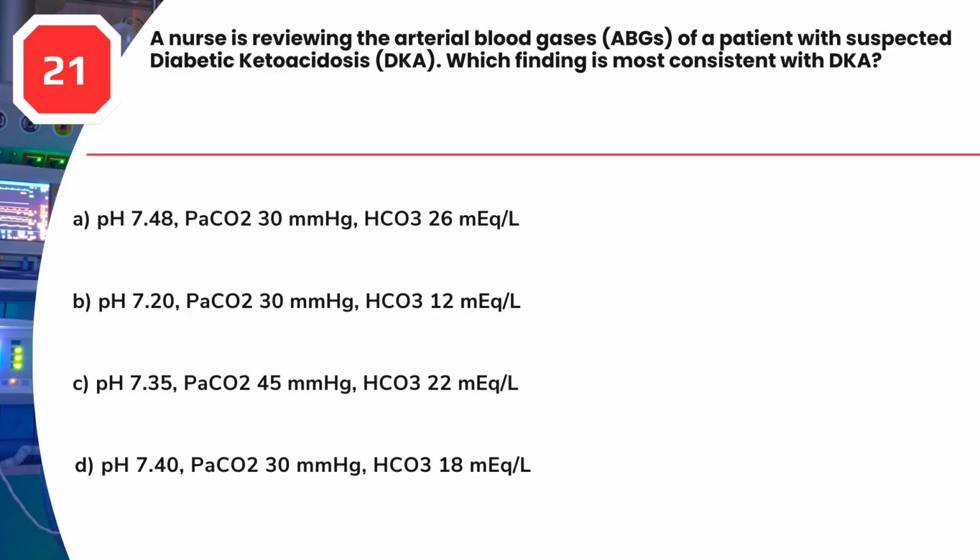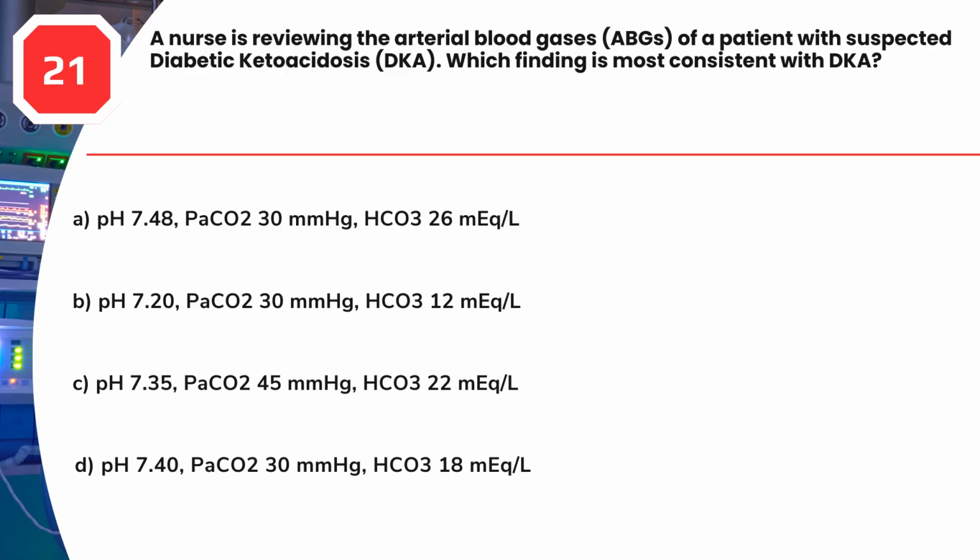Question 21. A nurse is reviewing the arterial blood gases, ABGs, of a patient with suspected diabetic ketoacidosis, DKA. Which finding is most consistent with DKA? A. pH 7.48, PaCO2 30 mm of mercury, HCO3 26 milliequivalents per liter.